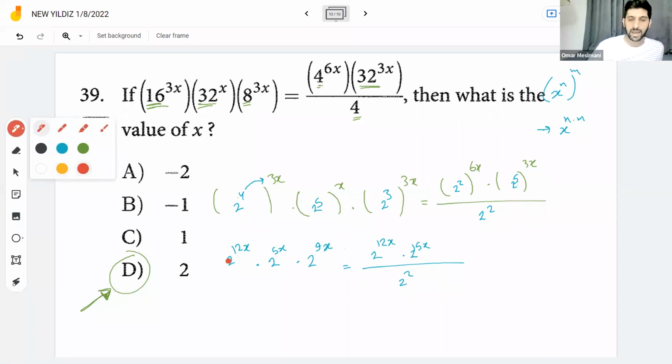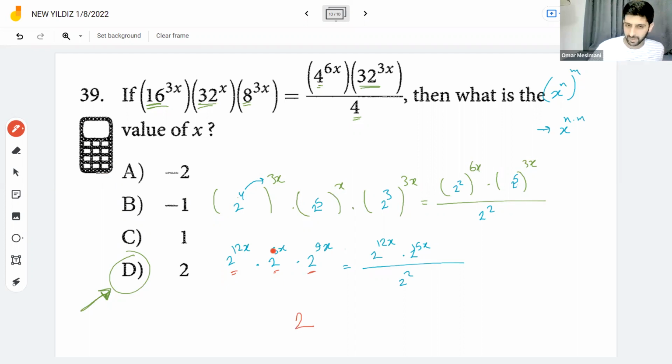Okay, that's nice. Now, do I have the same bases? Yes, I do have the same bases. So I'm going to keep the same base and add the powers. 12 plus 5 plus 9 is going to be 26x. In the denominator, the same base, add the powers: 12 plus 15 is going to be 27x over 2 power 2, sorry.